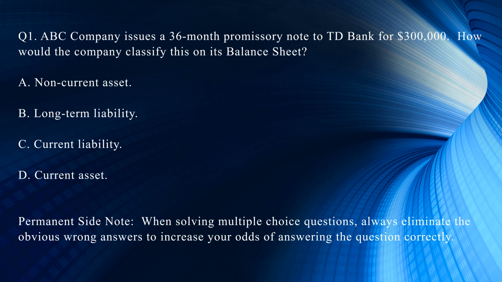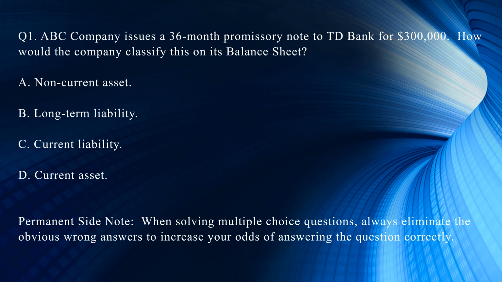Well, the question is structured as a liability question, so we could immediately eliminate all of the answers that have assets associated with them. So A, non-current asset, we could rule out, and also D we can rule out because the answer to that is a current asset. So we're left with B and C.